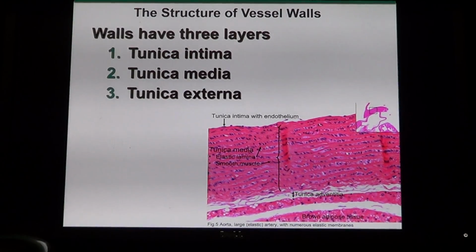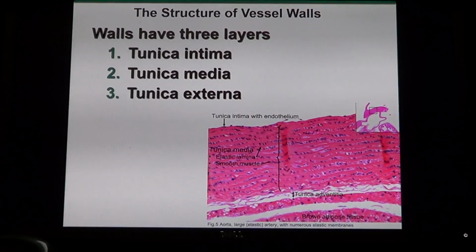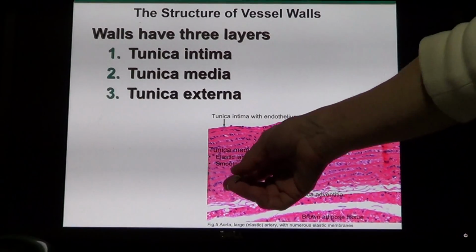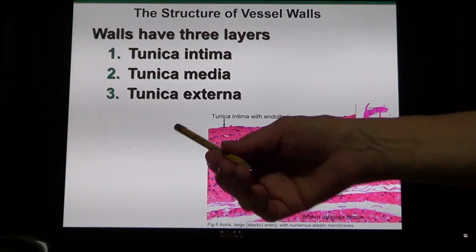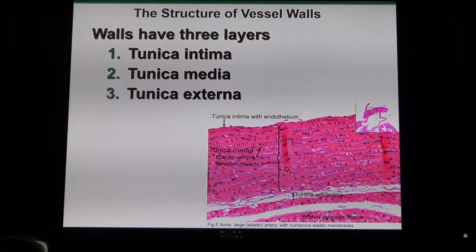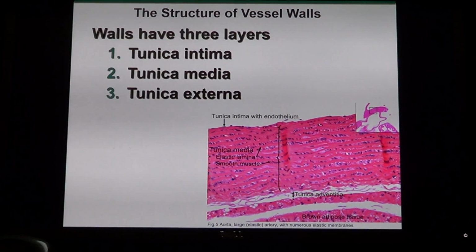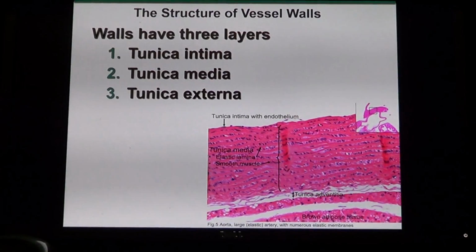Well, difficult to say. For example, looking at what else is important, elastic fibers embedded between the muscle cells of the tunica media, typical for an arterial blood vessel.